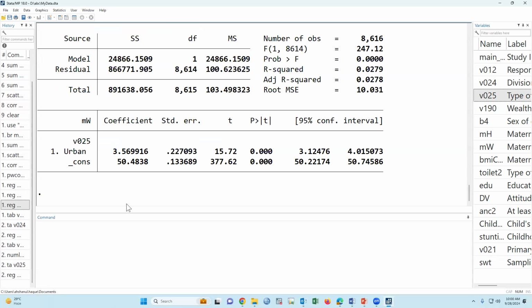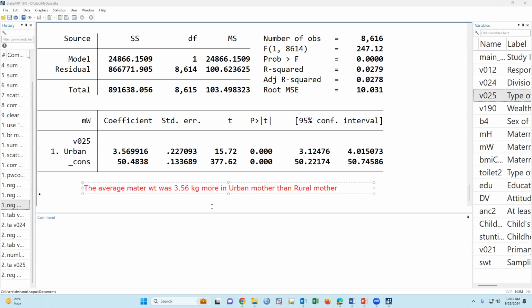The interpretation is: the average maternal weight was 3.5 kg more in urban mothers than rural mothers.